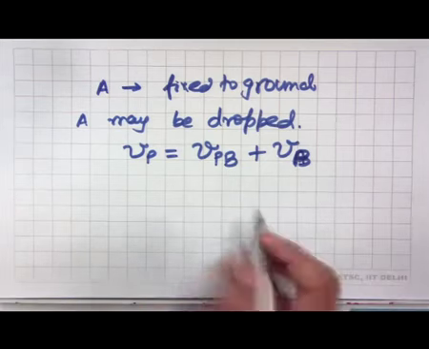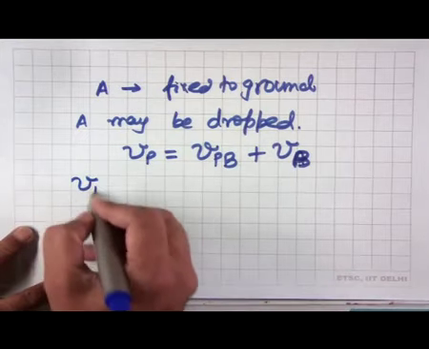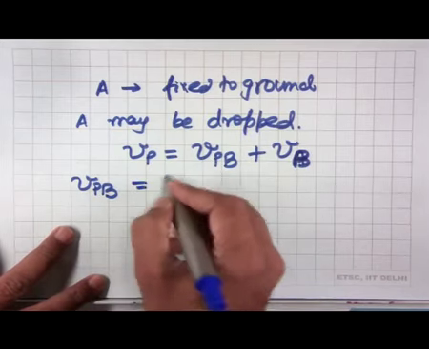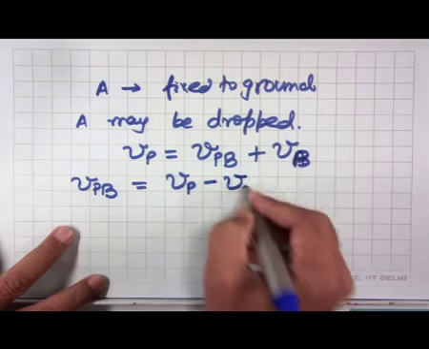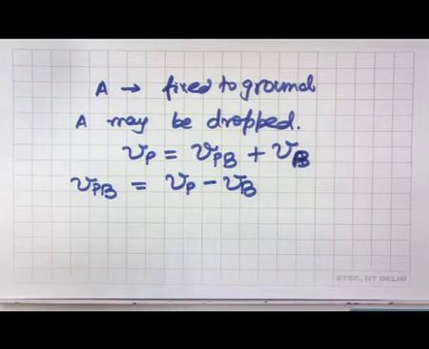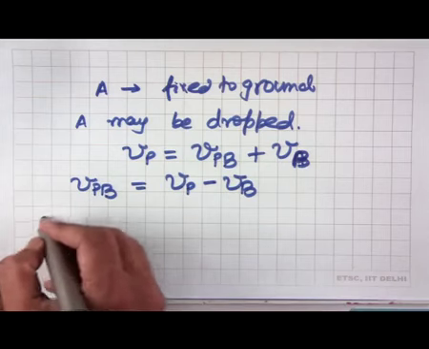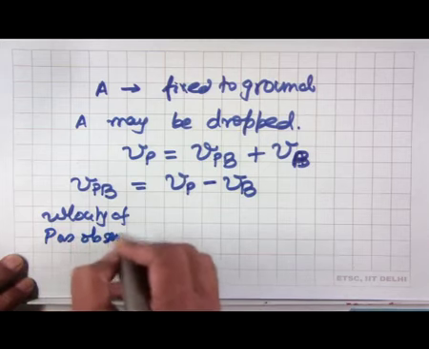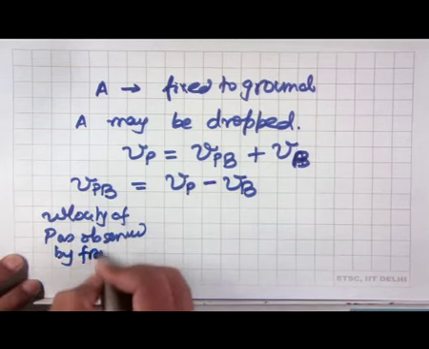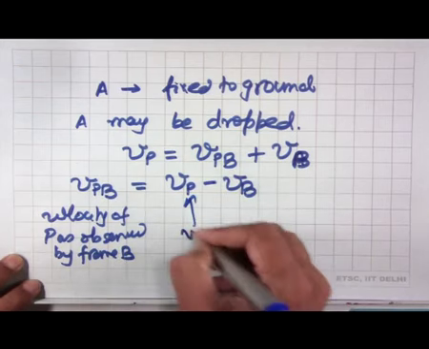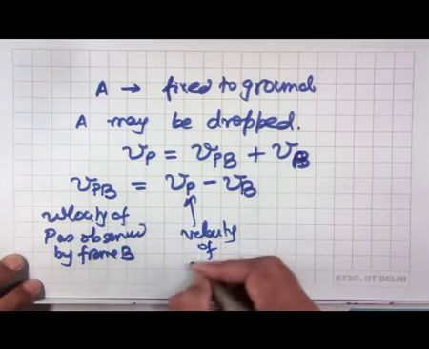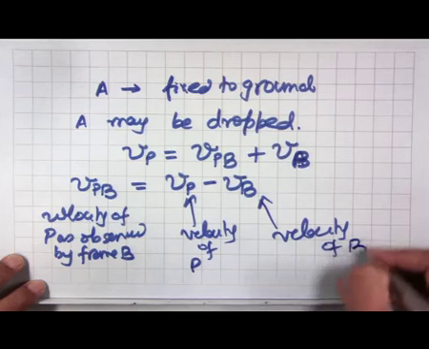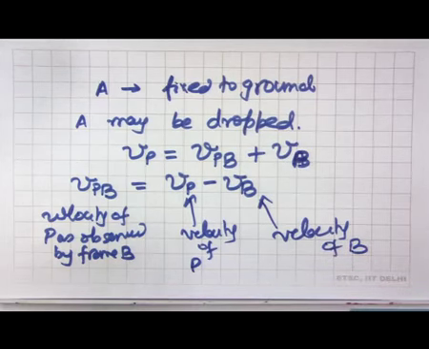This gives us a relation that the velocity of P as observed from frame B is equal to the velocity of P minus the velocity of B, where if nothing is said, they are being measured with respect to ground.